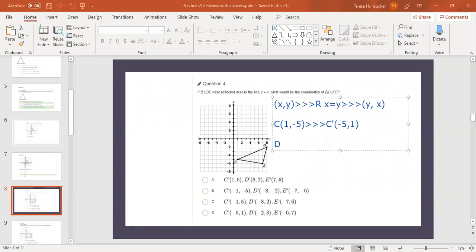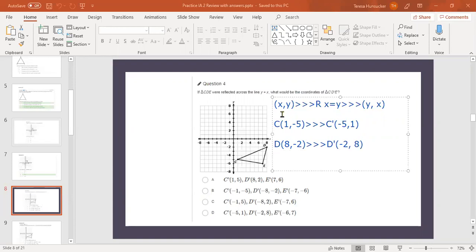If D is at (8, -2), if we switch the X and Y coordinates, D prime would be at (-2, 8).